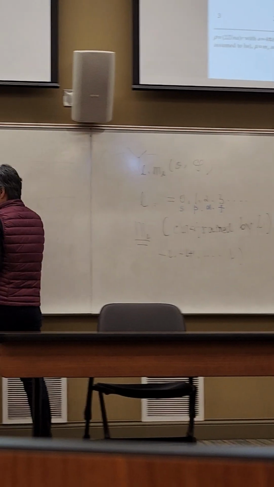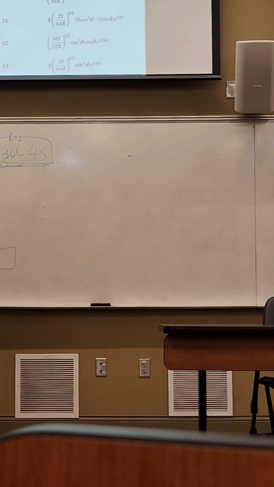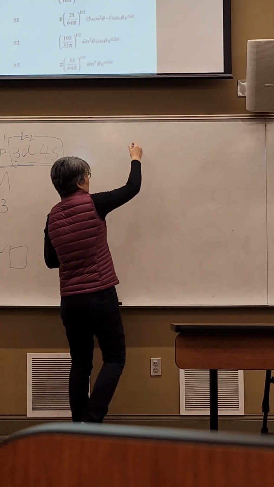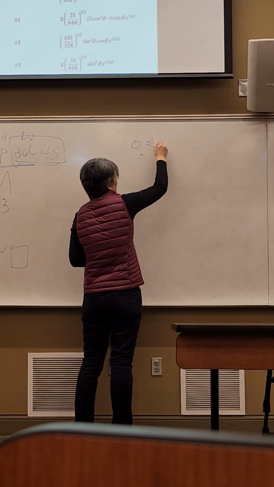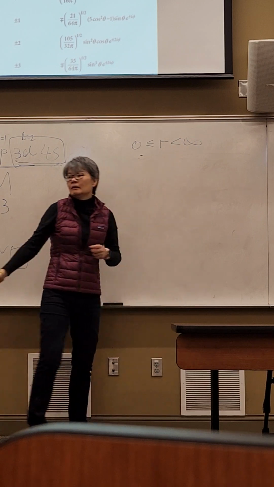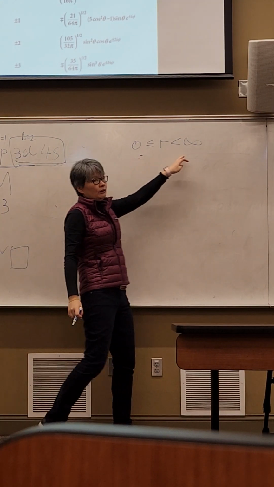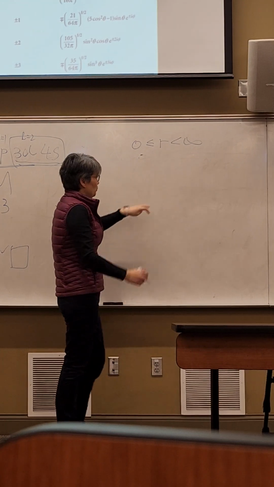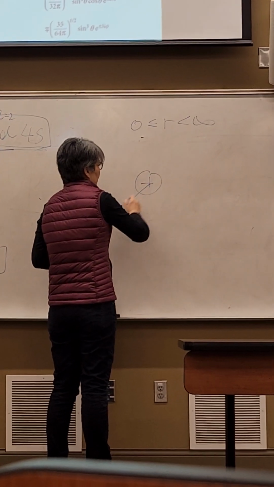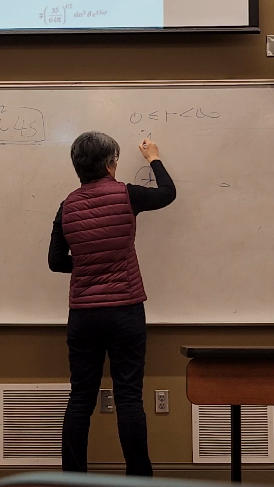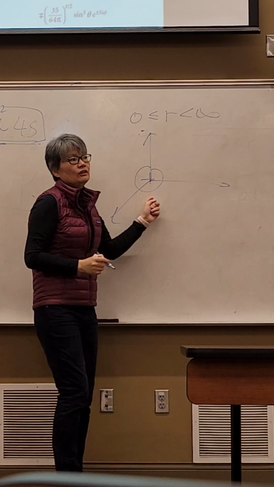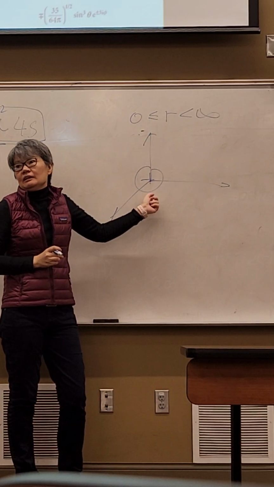Now, here's the math problem. So we said the range for the radius is from 0 to infinity. Where's the 0 point? The 0 point is your nucleus, right?